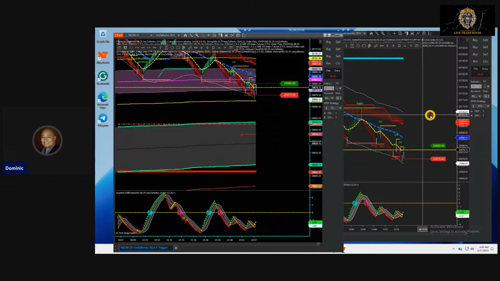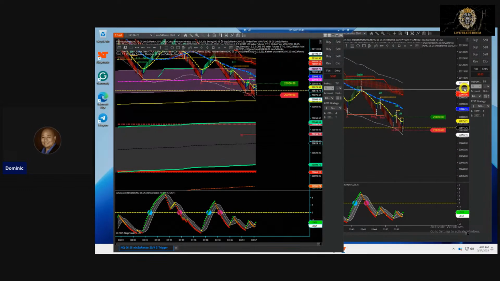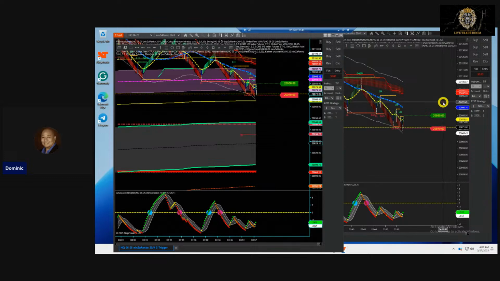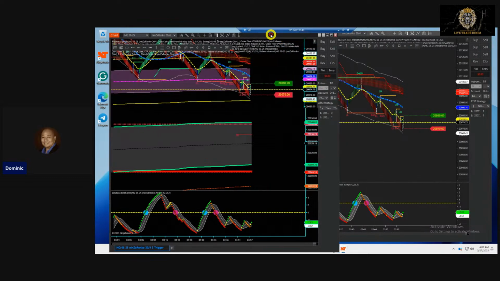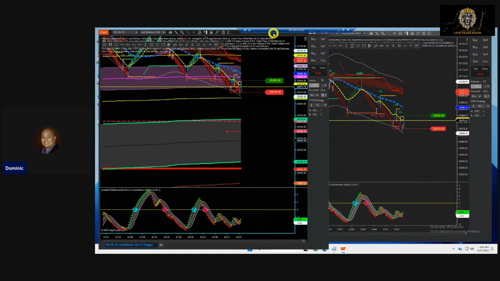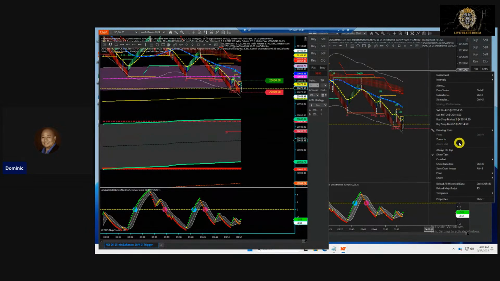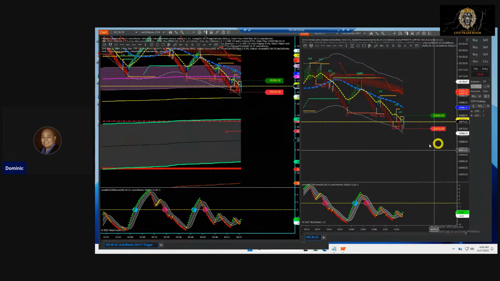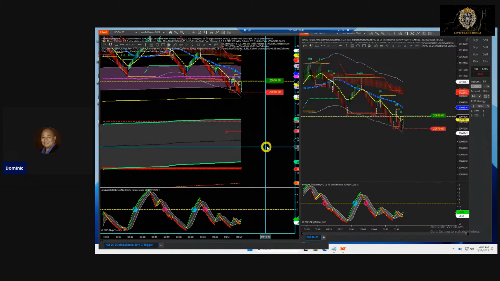So here's our basic chart setup, just with the Keltner channel. Make sure this is also on top so you can see.